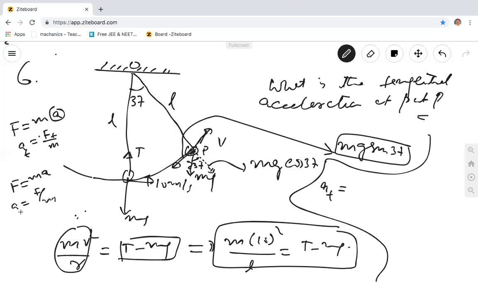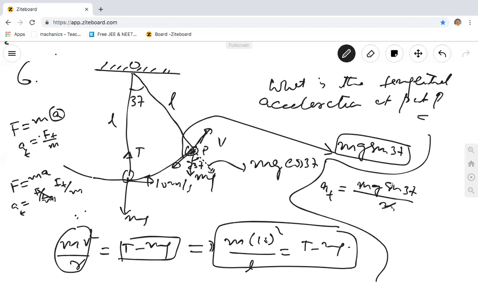If I make this a into a_T, on the right side, do you make the force tangential, or make the mass tangential? No, you don't do that. So this tangential acceleration is nothing but tangential force by mass, that is mg sine 37 by m.